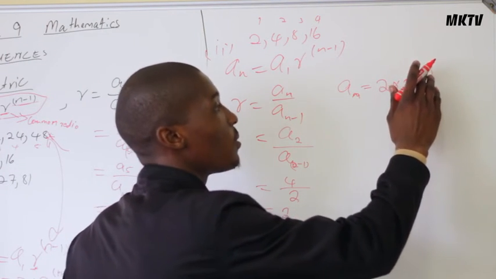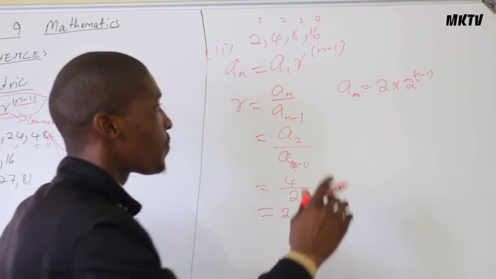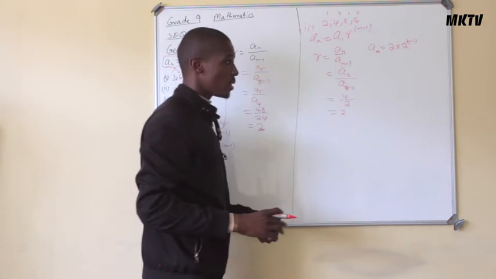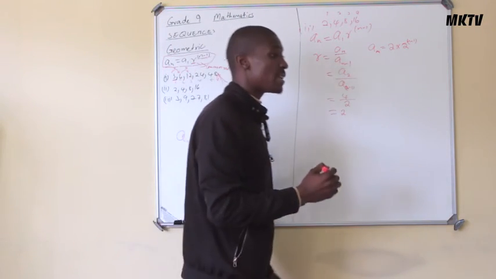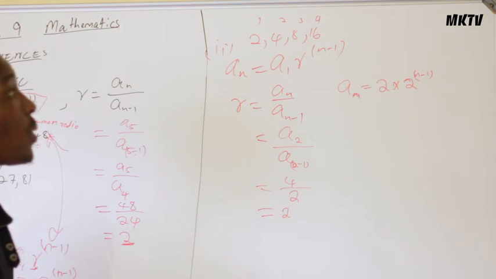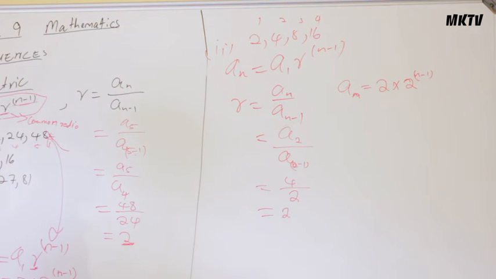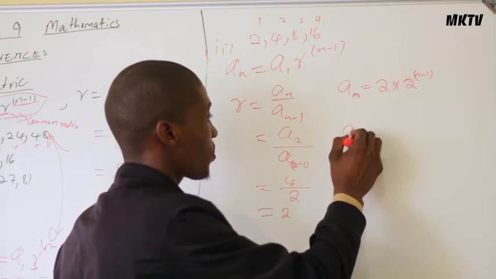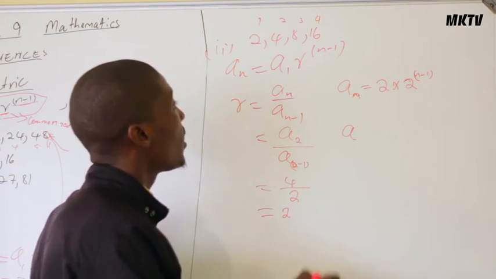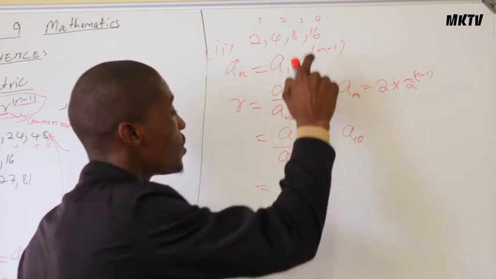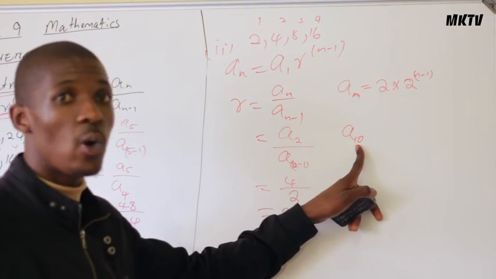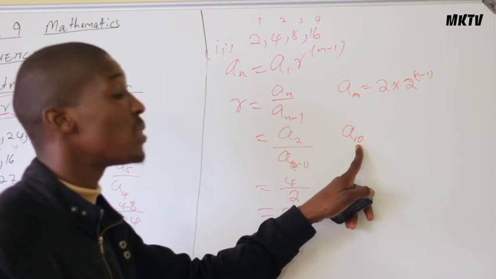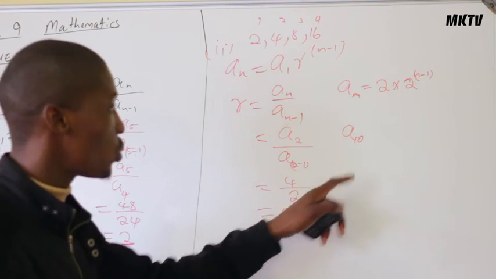We don't know n, so after finding the nth formula, the nth term, we said that you would be able to calculate any term at a given position. Let's make an example. If you are asked to calculate the 15th or the 10th term of this sequence, where you see n, which we said is the position, and you are told to find the term at position 10, we will note it this way.